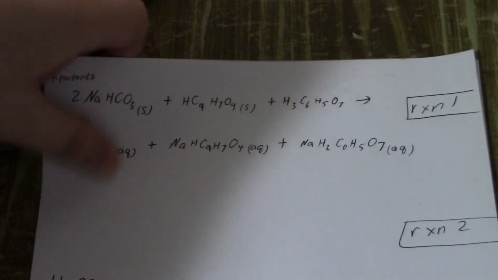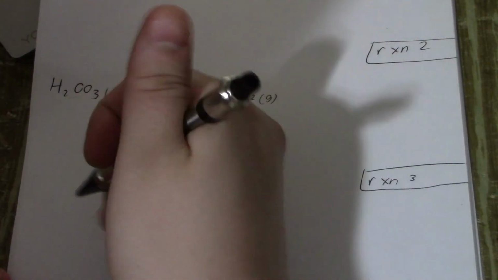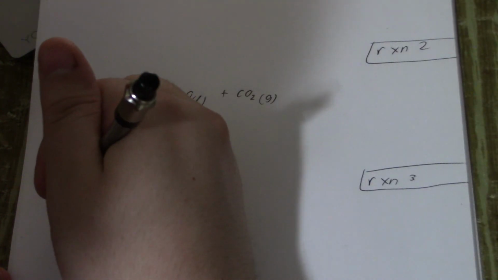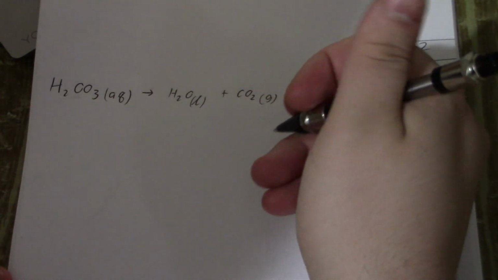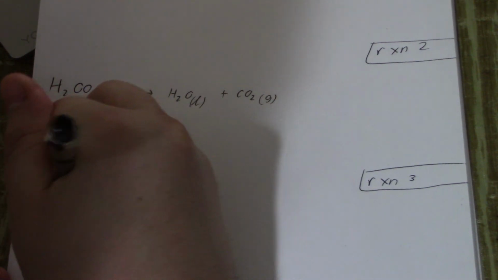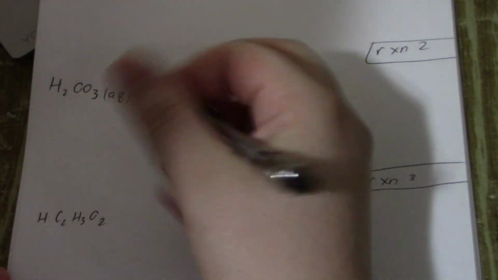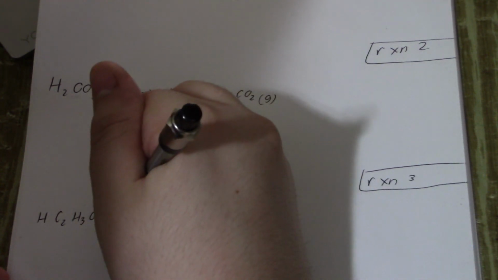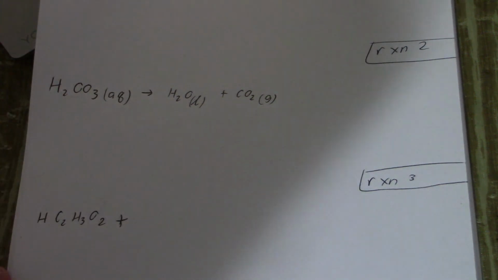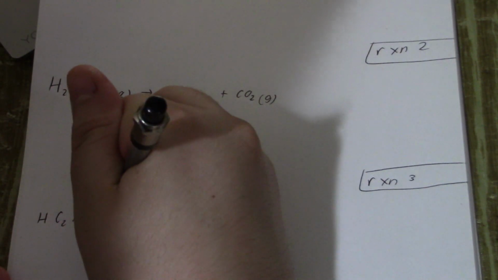No, not yet. Let me pull it up a little bit. Okay. Now reaction 3 is the reaction between our vinegar, or our acetic acid, and the sodium bicarbonate. So what happens is you dissolve the Alka-Seltzer in the water so that you can drink it.